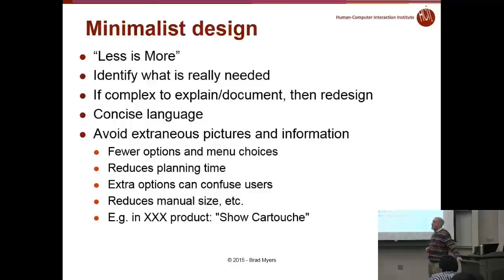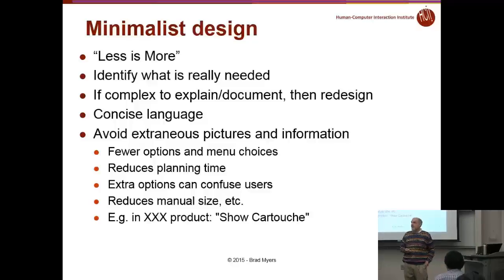So one strategy is, if you find something too complicated to explain to somebody else, then redesign it to try and avoid that complexity. And so that's always a lot more challenging than just trying to figure out how to explain it. But in the end, you end up with a much better product if you can eliminate the complexity or figure out a way of having very short prompts that make it more understandable.